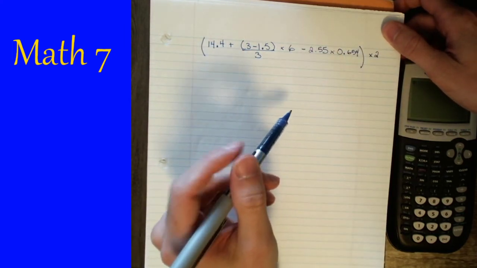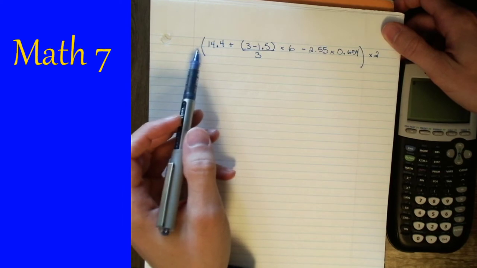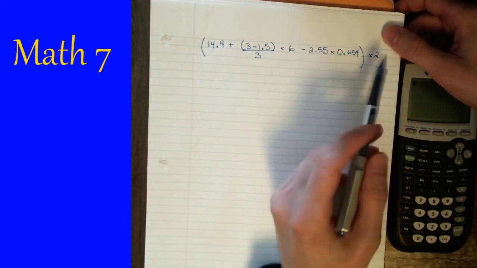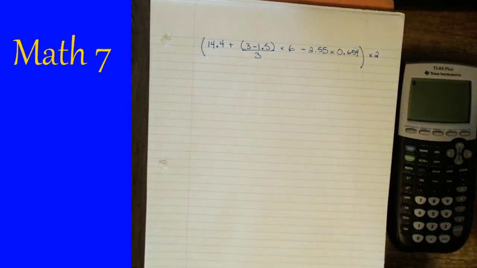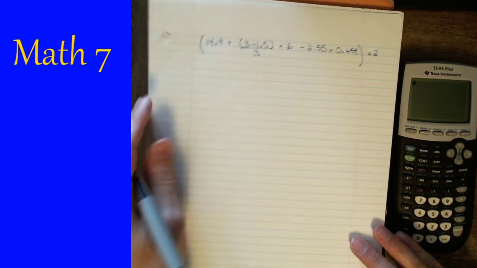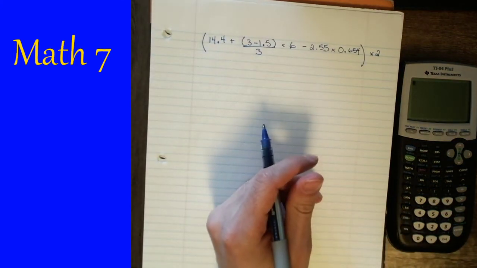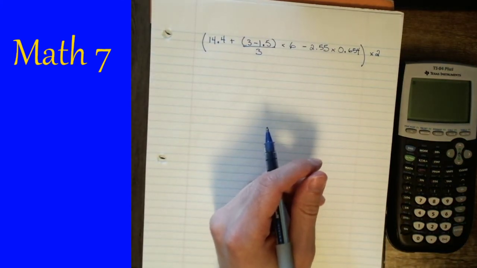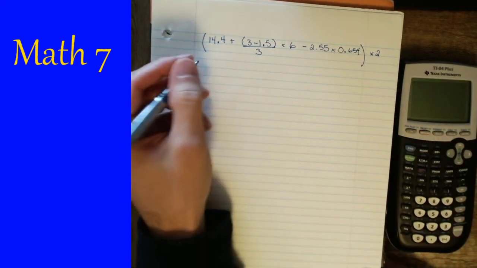So even though it's this long chain of operations, that times 2 really doesn't factor into anything until the very end. So I can just forget about it in a sense, and always just tag it on the end.